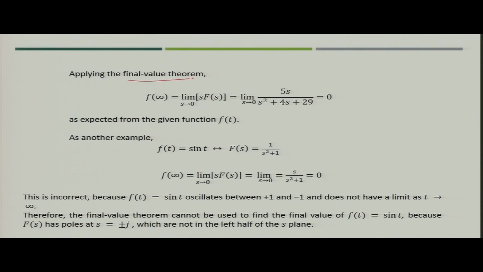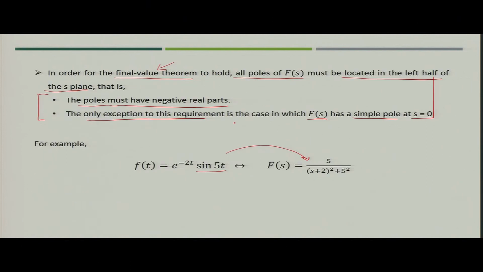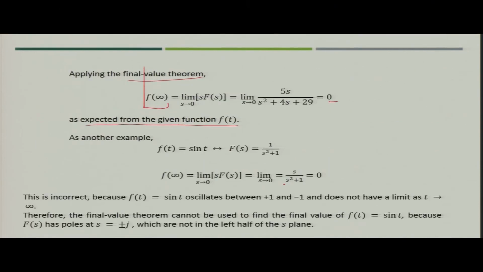If you apply the final value theorem, the value of f at infinity will be 0, because limit s tends to 0 of 5s divided by s square plus 4s plus 29 is 0. You can see this from the function f(t) also, because you have an exponentially decaying component. So, the final value will be 0.